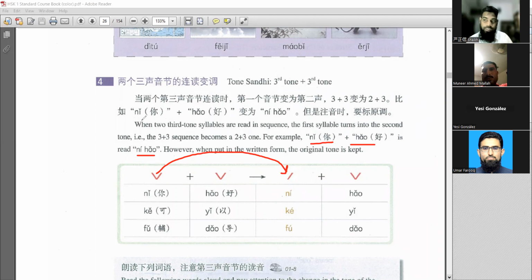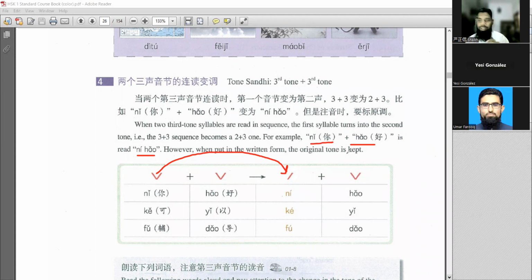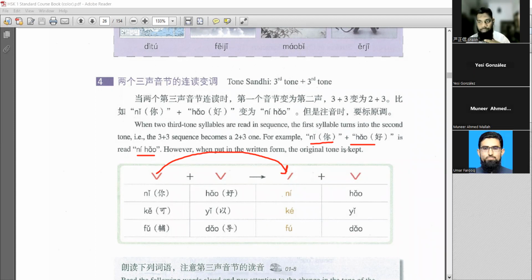The tone of the first syllable, that is the third tone, changes into the second tone. However, when put in written form, the original tone is kept. When you write it, you write it as a third tone, but when you pronounce it, you pronounce it as the second tone.